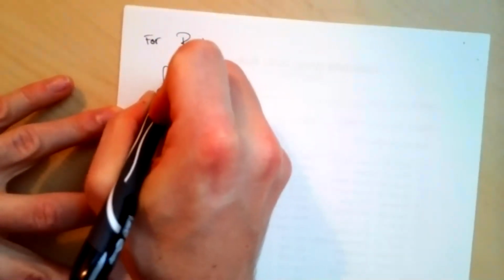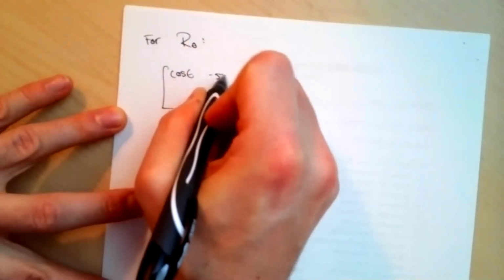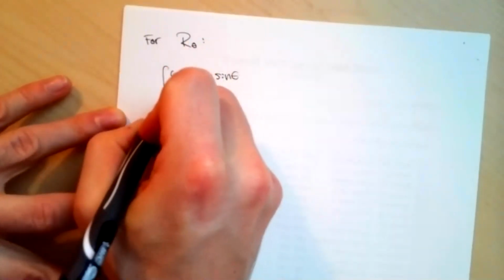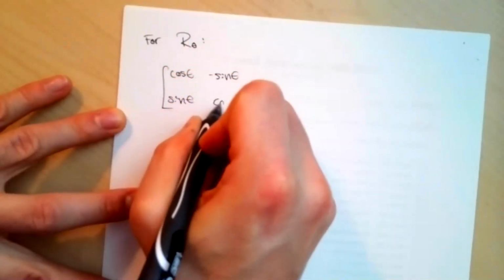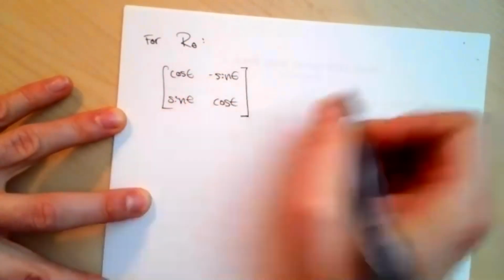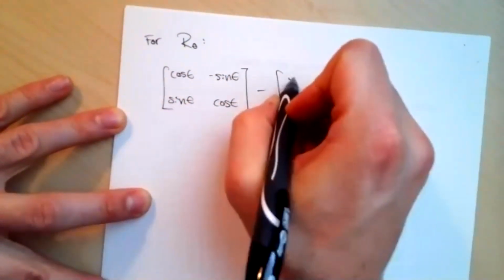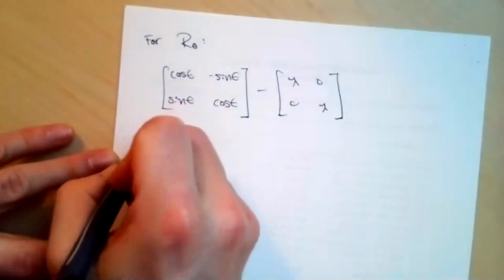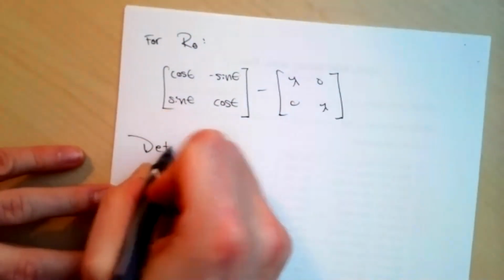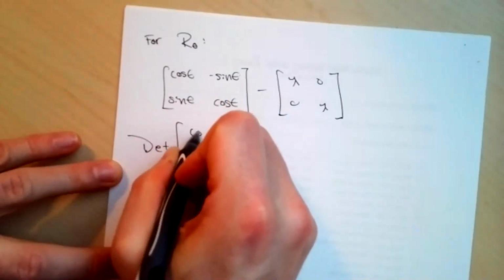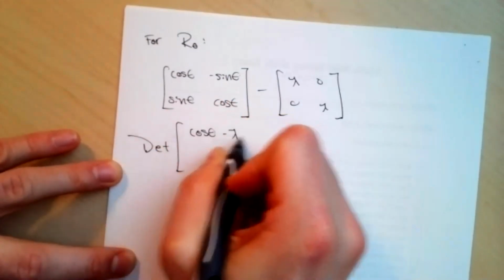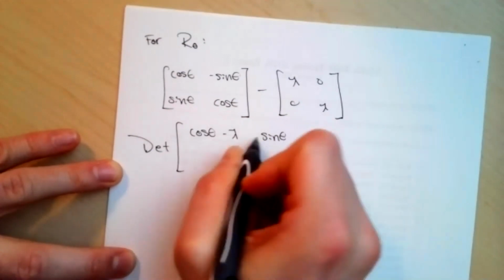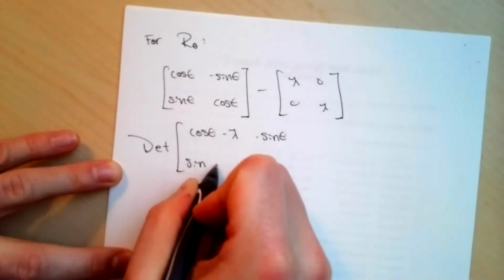So we're going to have our cosine, minus sine, sine, cosine, minus our lambdas. And so we are trying to compute our determinant of this matrix.